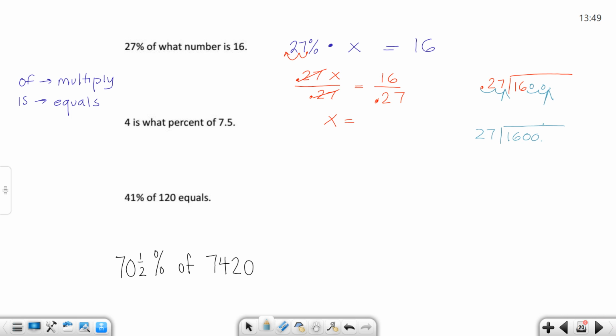So 27 is close to 30. So if I was seeing how many times 30 would go into 160, it's probably going to be about 5 times. So 5 times 7 is 35. This would be 10, and 3 more would be 1, 3. So this is going to be 5, and I'm going to borrow, and I'll divide this one out. 27 goes into this, I would say about 8 times.